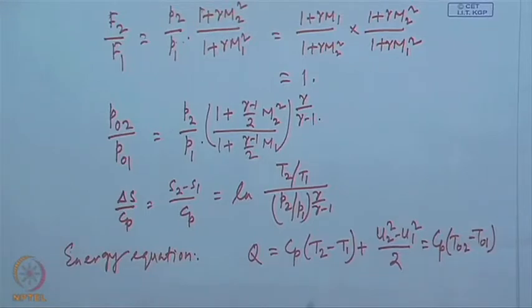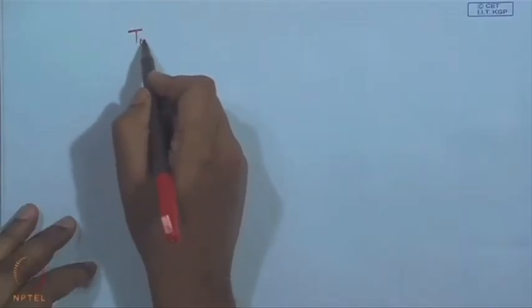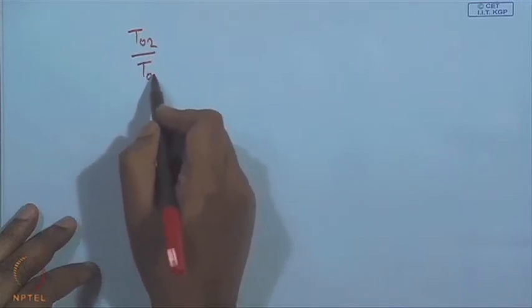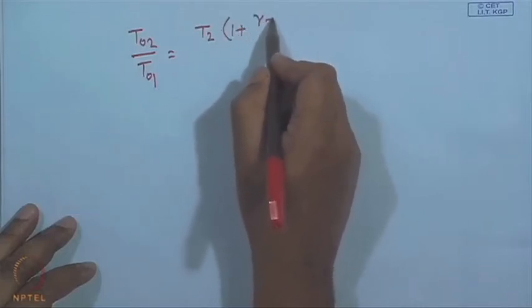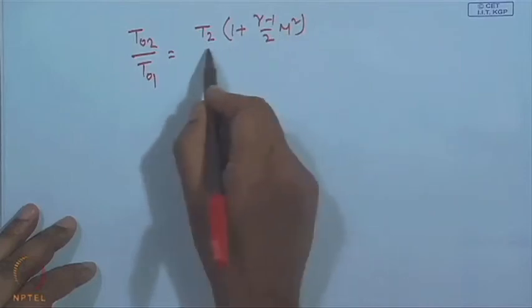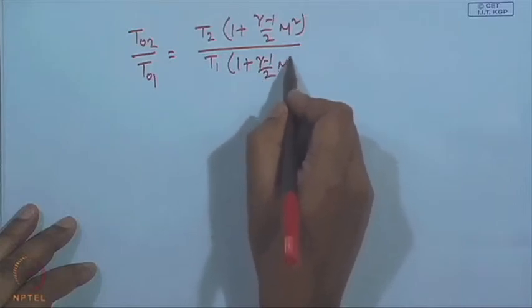So, this is the form of the energy equation. Now, using the definition of stagnation temperature, T02 by T01 is simply T2 into 1 plus gamma minus 1 by 2 M2 square by T1 into 1 plus gamma minus 1 by 2 M1 square.